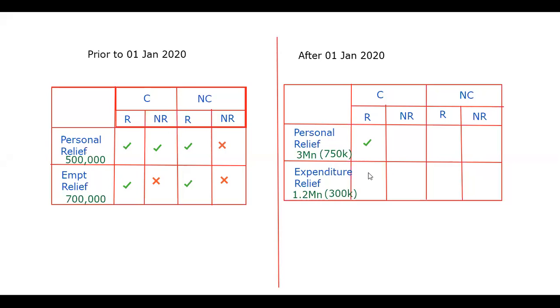Then if you have education expenses of your own or your children, local education expenses, not foreign education expenses, that one also you can go up to 1.2 million. Those things are newly implemented as a personal expenditure relief. It is very important for you to have an understanding of that.